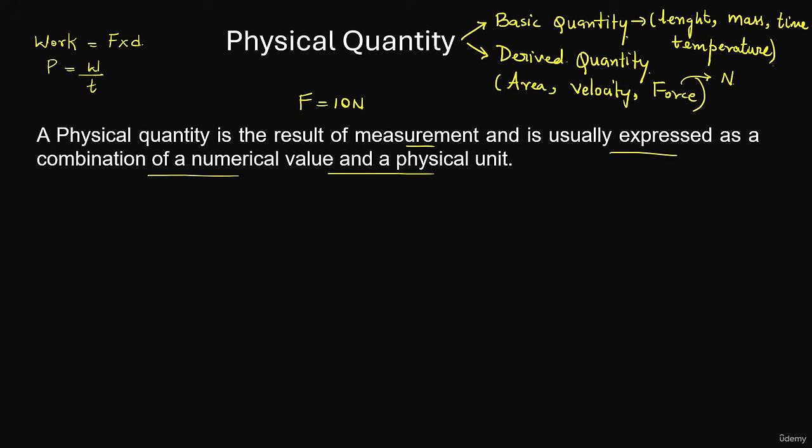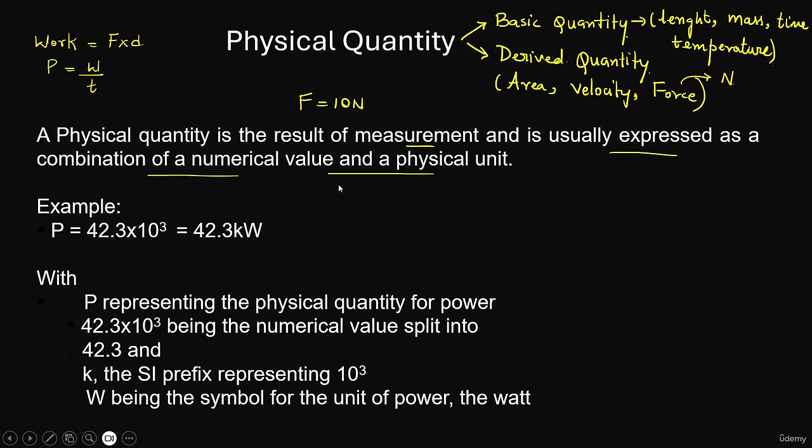In the same way for power, here you can see the breakdown. The example is given as 42.3 into 10 power 3, and that's expressed as 42.3 kilowatts. Whenever we have these suffixes adjacent to the units, if it is K, it stands for kilo, and kilo is 10 power 3.